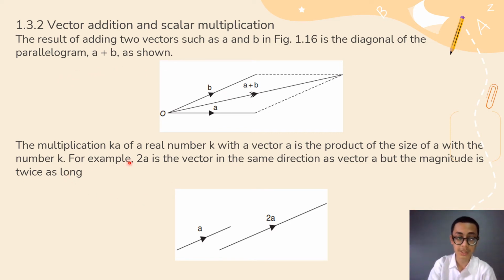The multiplication of a real number K with a vector A is the product of the size of A with the number K. For example, 2A is a vector in the same direction as vector A, but its magnitude is twice as long. This one.